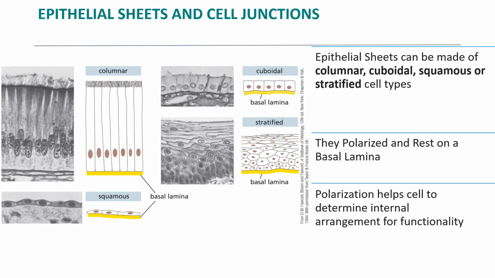It's going to help determine the arrangement and the functionality of what that cell does. We'll look a little bit more at this when we get into the intestinal tract as an example.